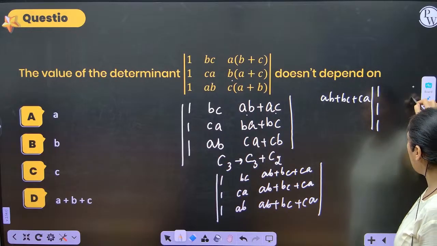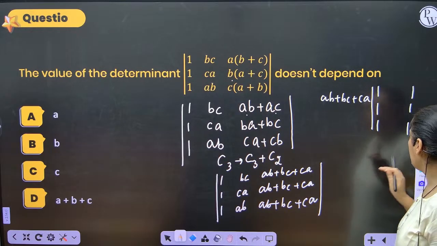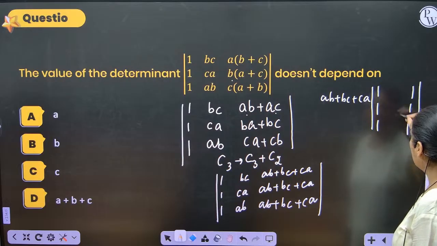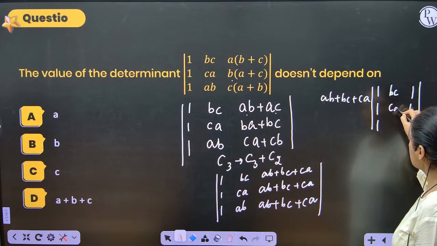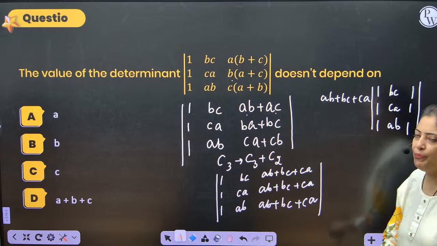Then the first column is 1 1 1, the last column is also 1 1 1, and the inside column is BC, CA and AB.